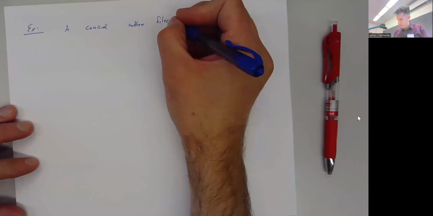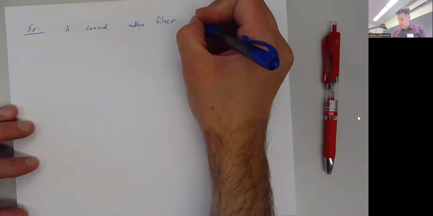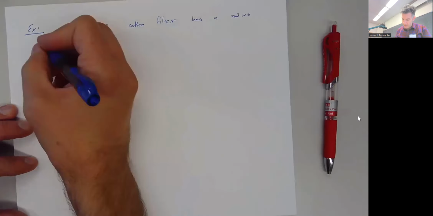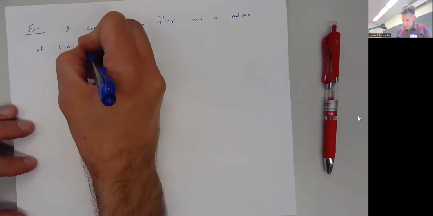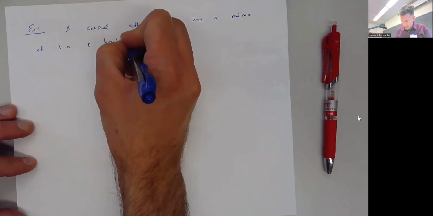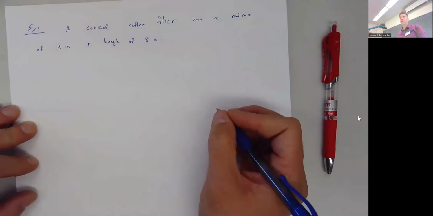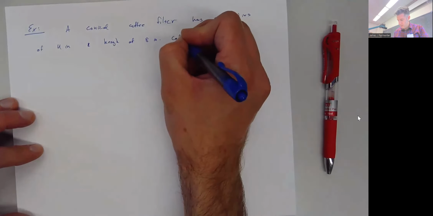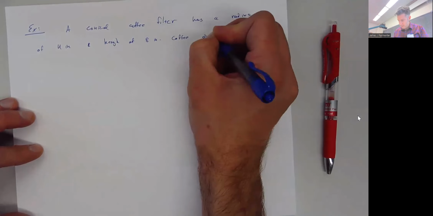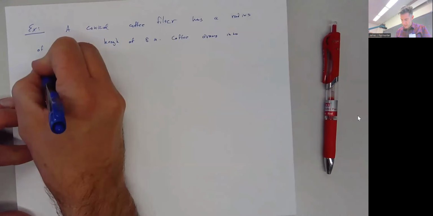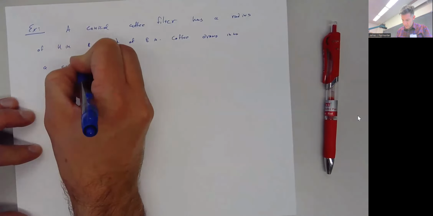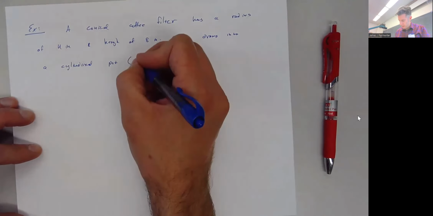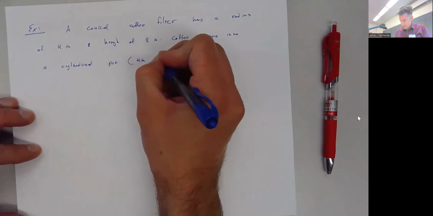A conical coffee filter has a radius at the base of 4 inches and a height of 8 inches. And coffee drains into a cylindrical pot, also 4 inches in radius, 8 inches in height.